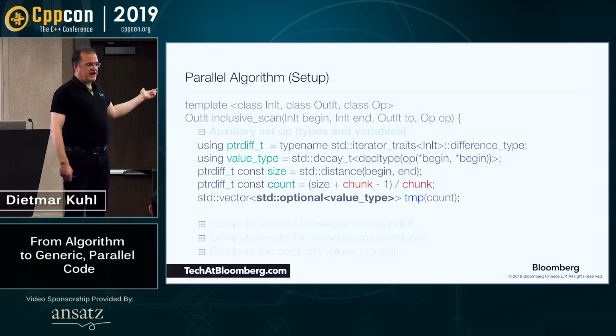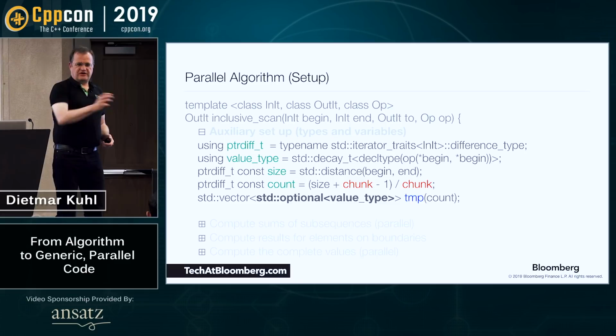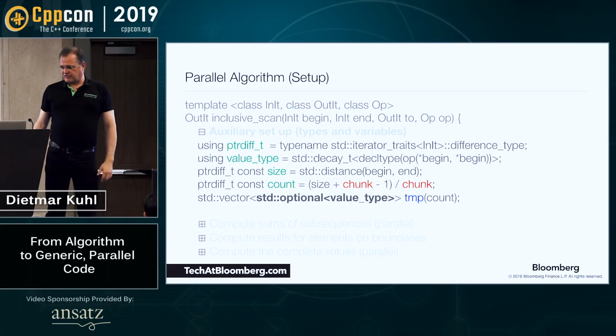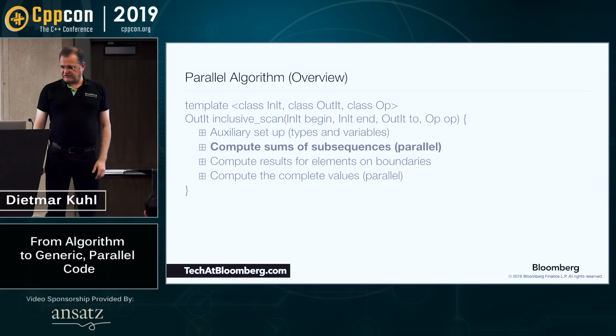So I create a container where I can stick things in which cannot be default constructed, and I can just set them later. The normal approach in other generic code is you typically wait until you have the object and you stick it in the container at that point in time. That doesn't work in parallel particularly well because you never know which thread is ready when. So distributing that stuff ahead of time and creating space is kind of necessary. Okay, so that's just a setup.